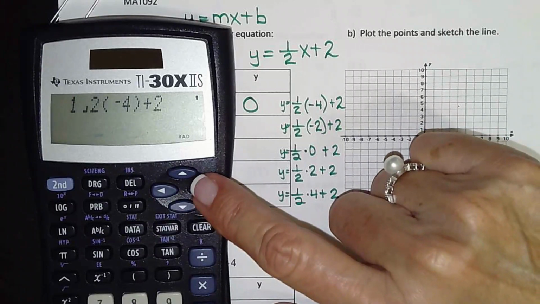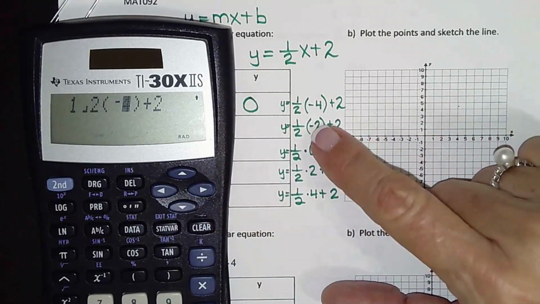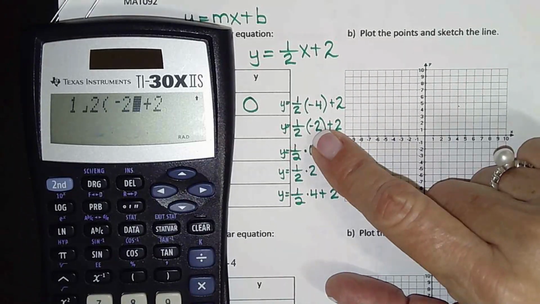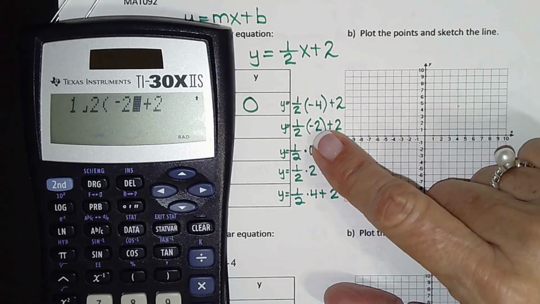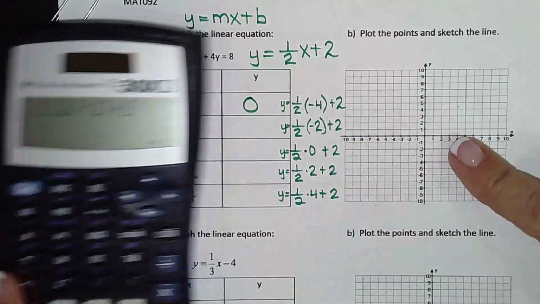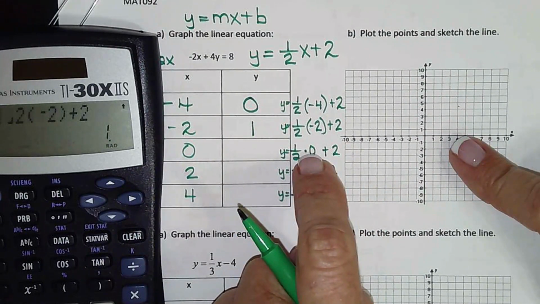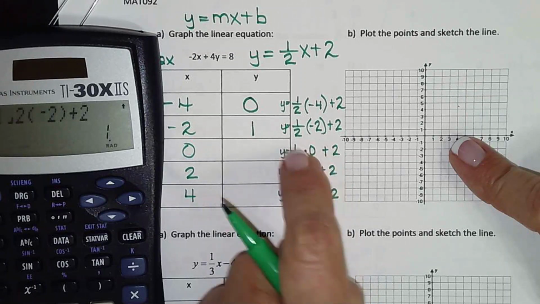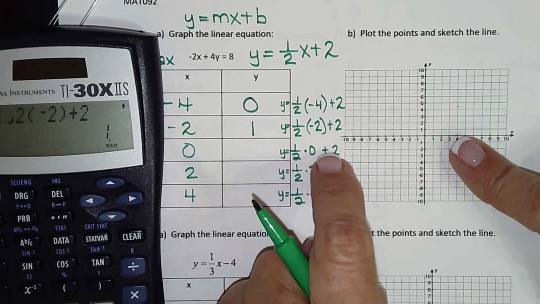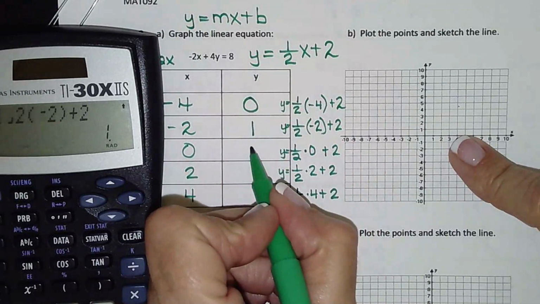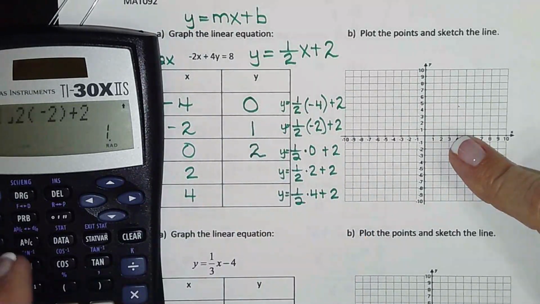I can just go on top of the 4 and make it a 2. And I don't even have to key to the end of the problem. I can immediately go to enter. And that one's 1. This one we can do in our head. 0, because anything times 0 is 0. 0 plus 2 is 2. Or you can do it on your calculator.